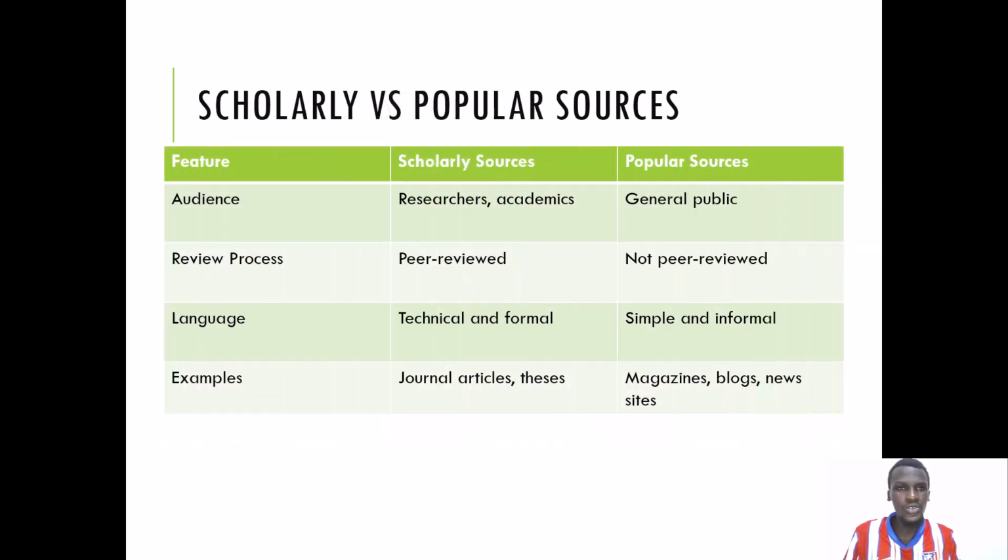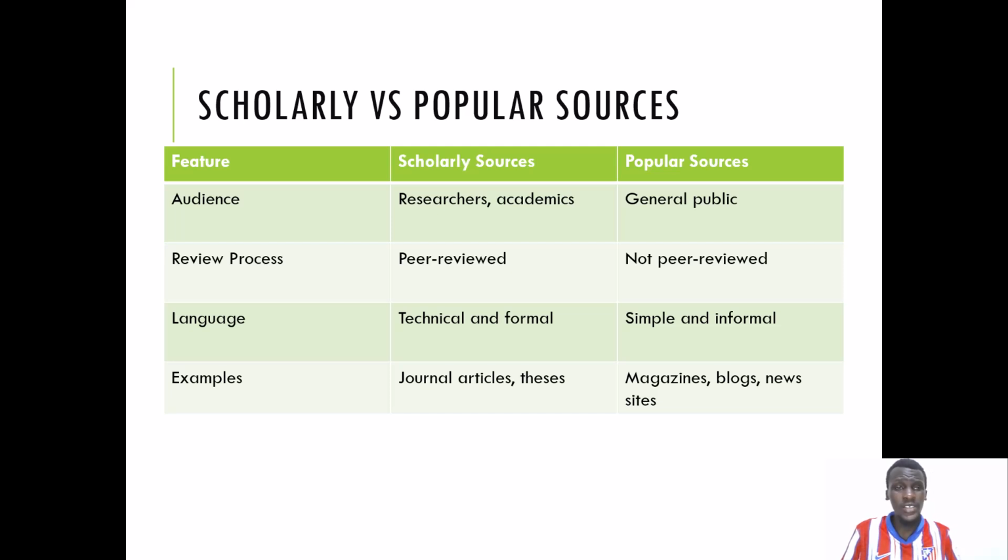Let's go to scholarly versus popular sources, right? Scholarly sources are mainly for researchers and academics. For popular sources, it will be the general public. The review process for scholarly sources will be peer reviewed, your colleagues.